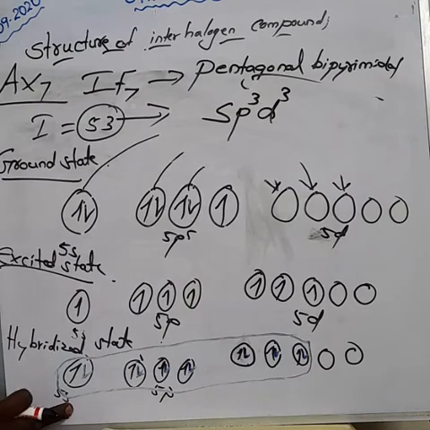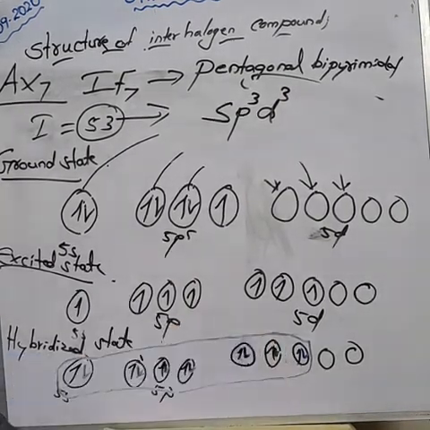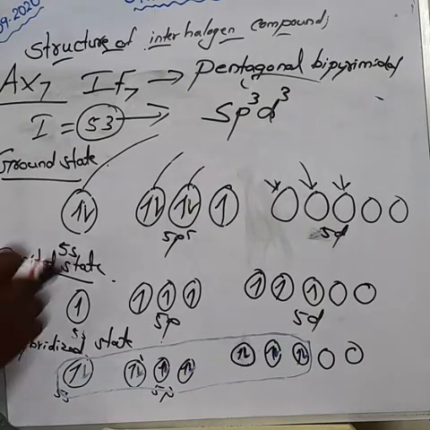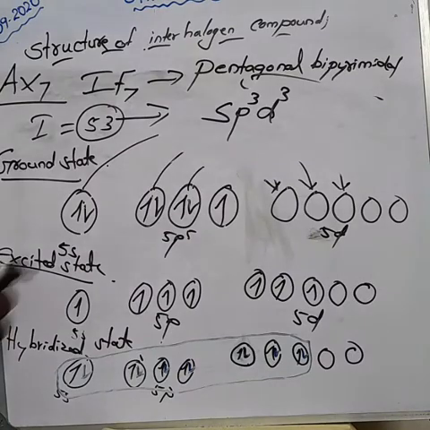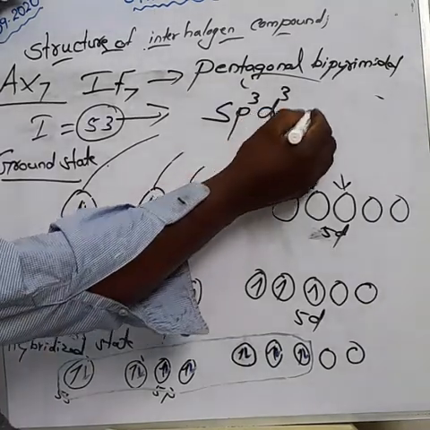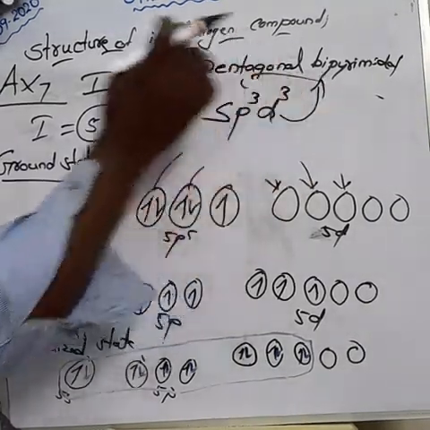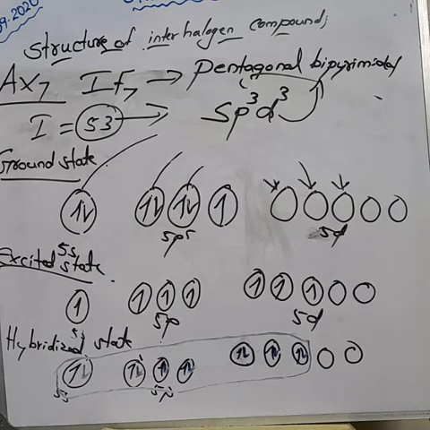One s orbital, 3 p orbitals, and 3 d orbitals. So what is the hybridization? sp3d3 hybridization. Already I told you that the structure of sp3d3 means pentagonal bipyramidal. So for the NEET students, please understand the structure.